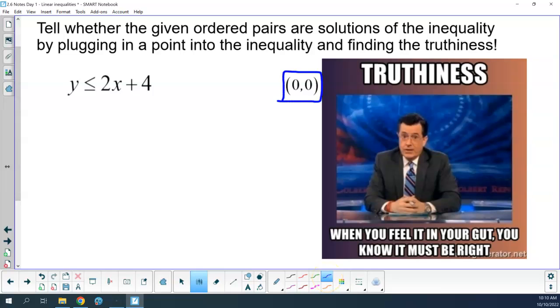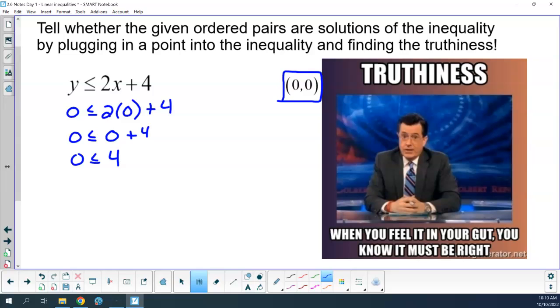So I plug in 0 for y. I plug in 0 for x. And I go about my business. 0 is 0. 2 times 0 is 0. Plus 4 is 4. Now I ask myself, is 0 less than or equal to 4?